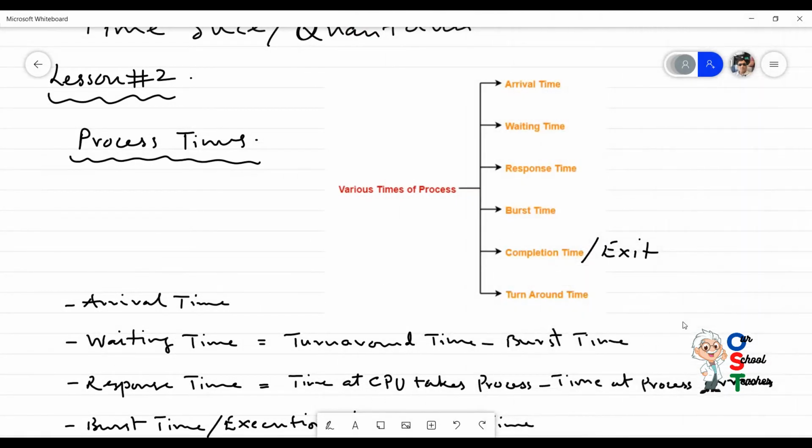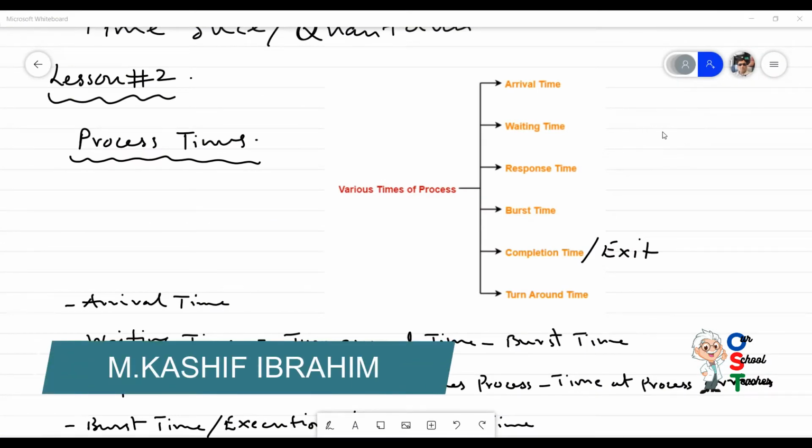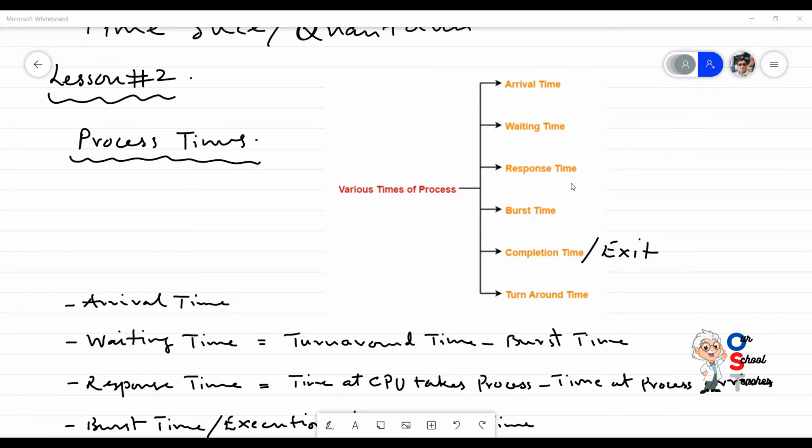waiting time, the total time a process has to wait. Waiting time is the total time which a process has to wait during its execution and completion. And the response time is the time when the CPU time is given to any process for the first time.